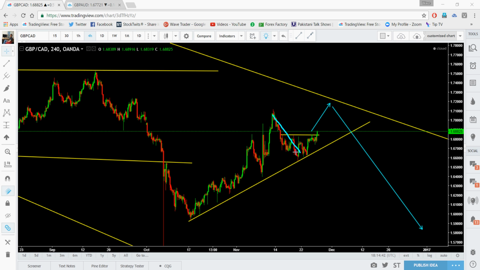You remember that we were looking to buy somewhere here when price was playing here. At this point we were looking and closed on break even, and price can come up to this level. Obviously you can buy if you understand and you want to grab this potential, you can buy. But the price action area is this, for the bigger trade to the downside. The whole wave is corrective, not aggressive.